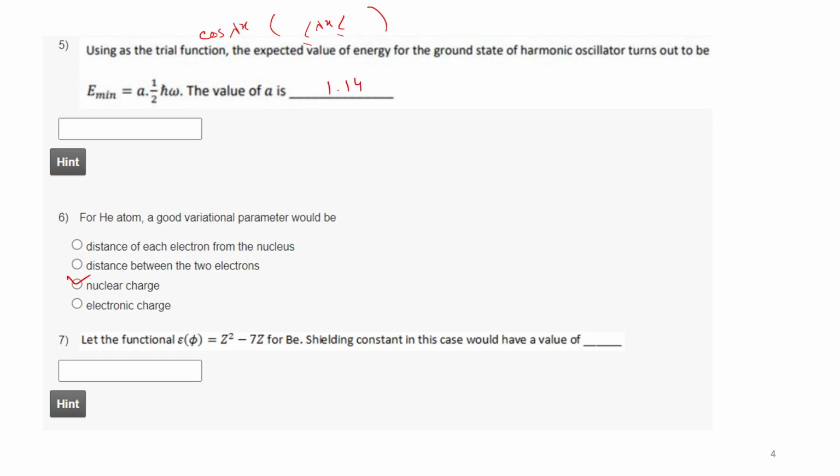Some similar problems will be there in week 10, I guess. In the week 10 assignment there are some more Hartree-Fock problems, Koopman's theorem, maybe something like that. The questions from the beginning are from this week.